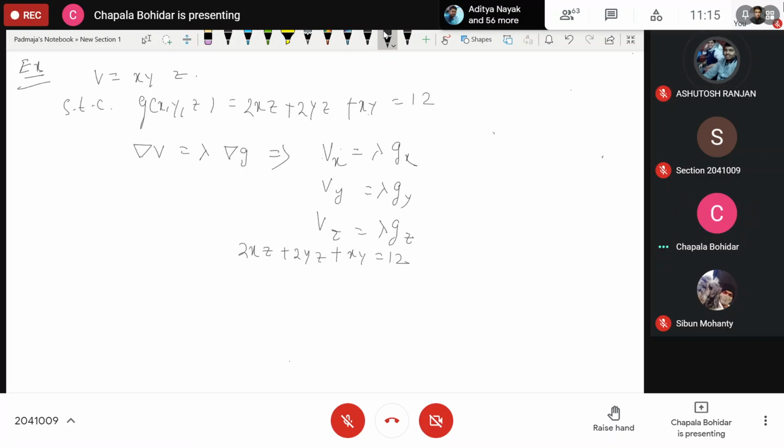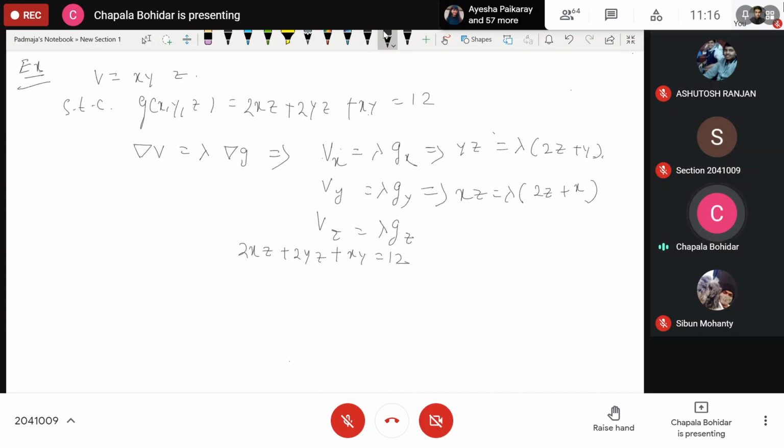Yes, ma'am. So what you write down, this implies yz is equal to lambda into del g by del x, that is lambda into 2z plus y. Then xz is equal to lambda into 2z plus x.